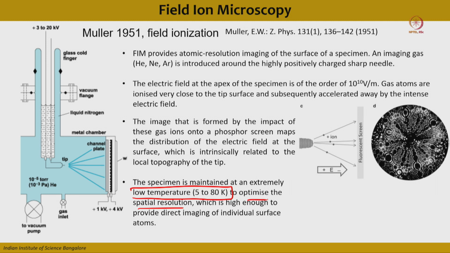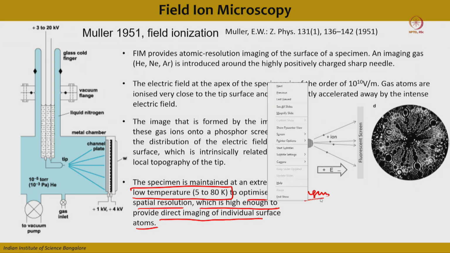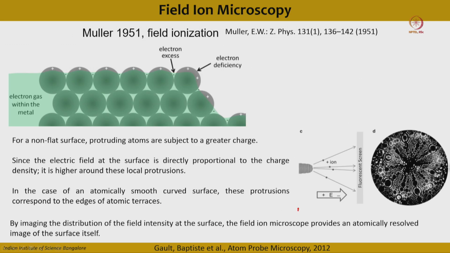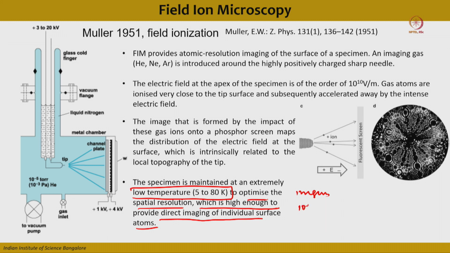The applied voltage is high enough to provide direct imaging of the individual surface atoms. The voltage is applied in such a way that the imaging gas should get ionized. We will come to the ionization in the coming slides.